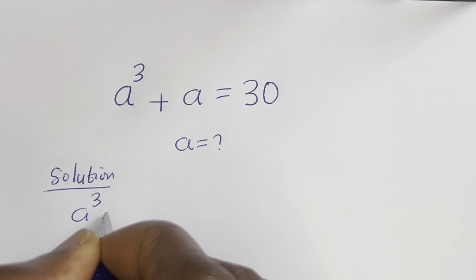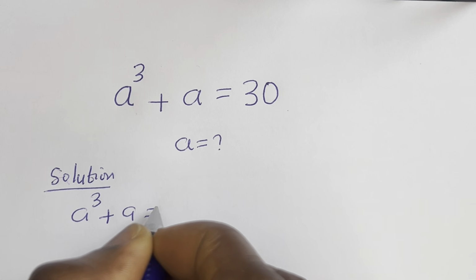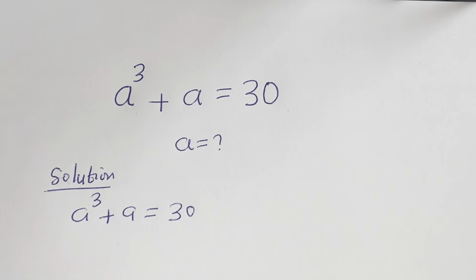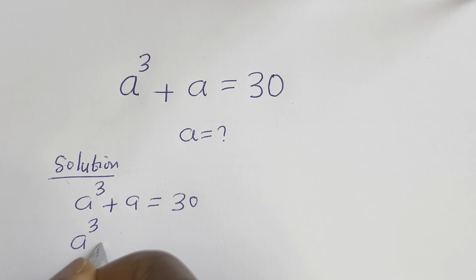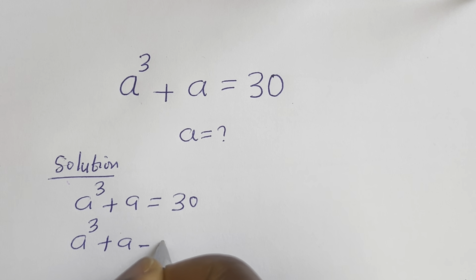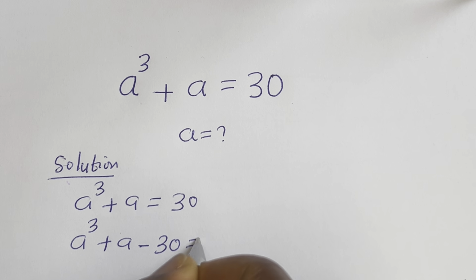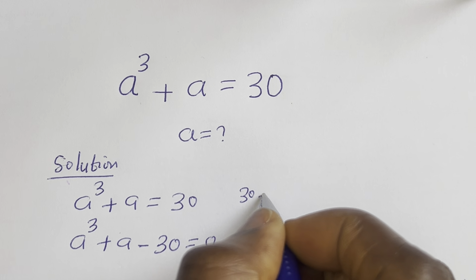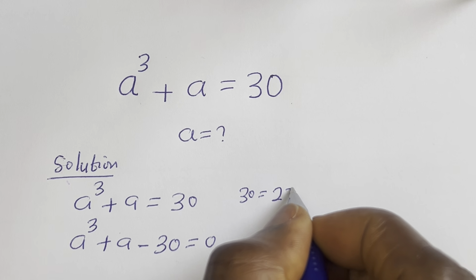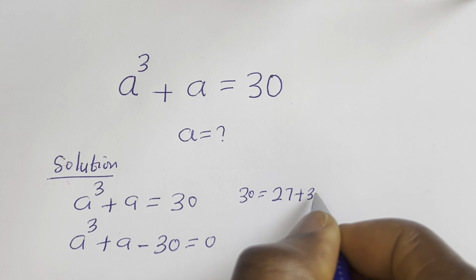a to the power of 3 plus a is equal to 30. Then a to the power of 3 plus a minus 30 is equal to 0. 30 is equal to 27 plus 3.